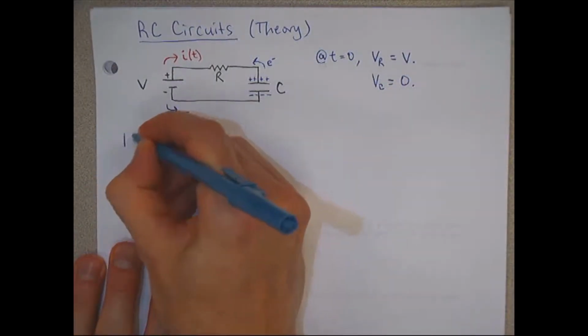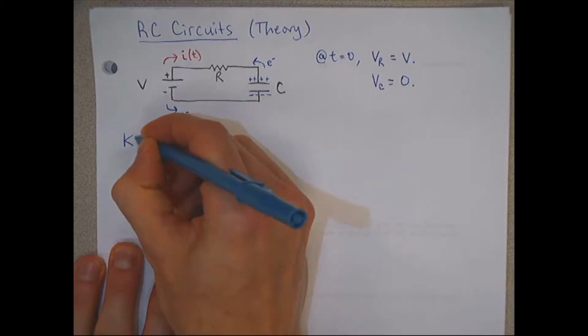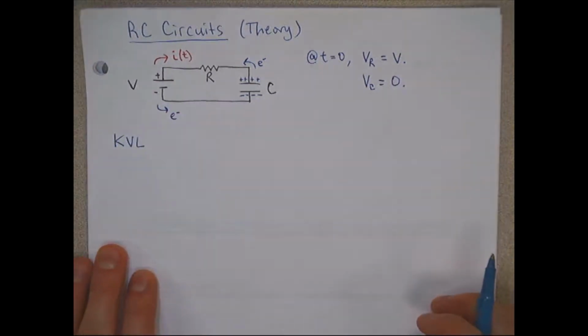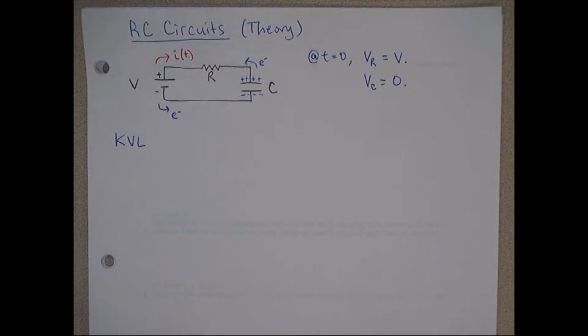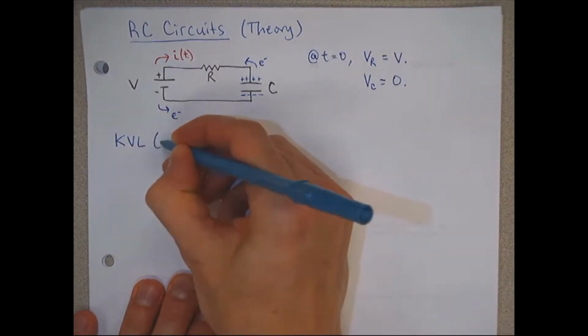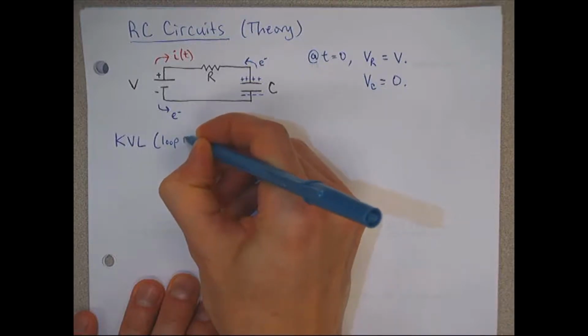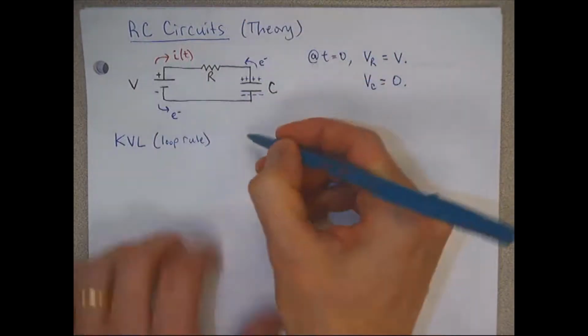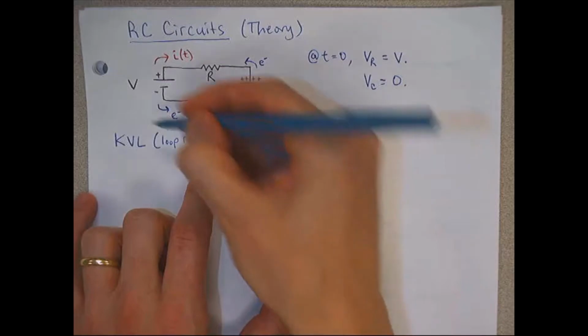Let's write down the KVL for any time during the process of charging that capacitor. So the KVL, or loop rule, there's only one loop in this circuit, so it's pretty simple.